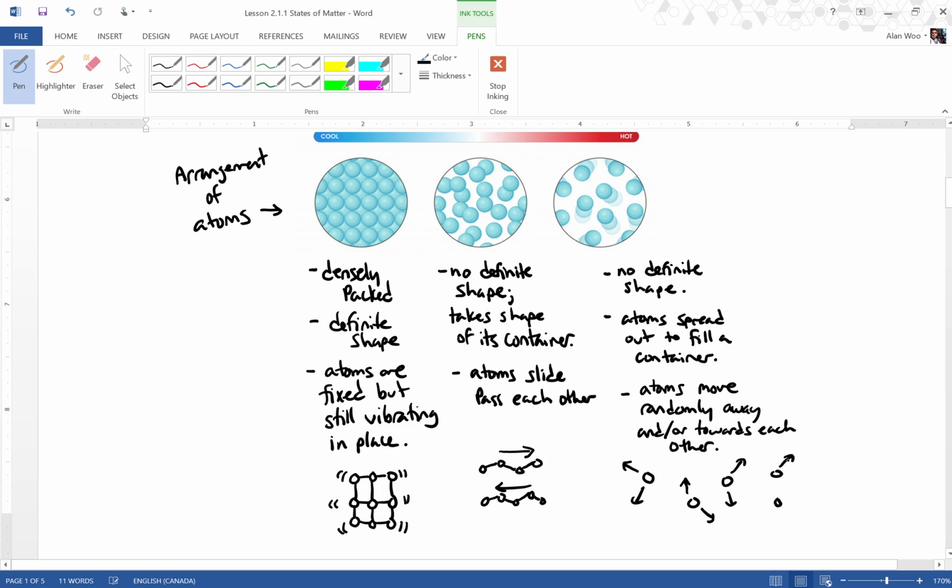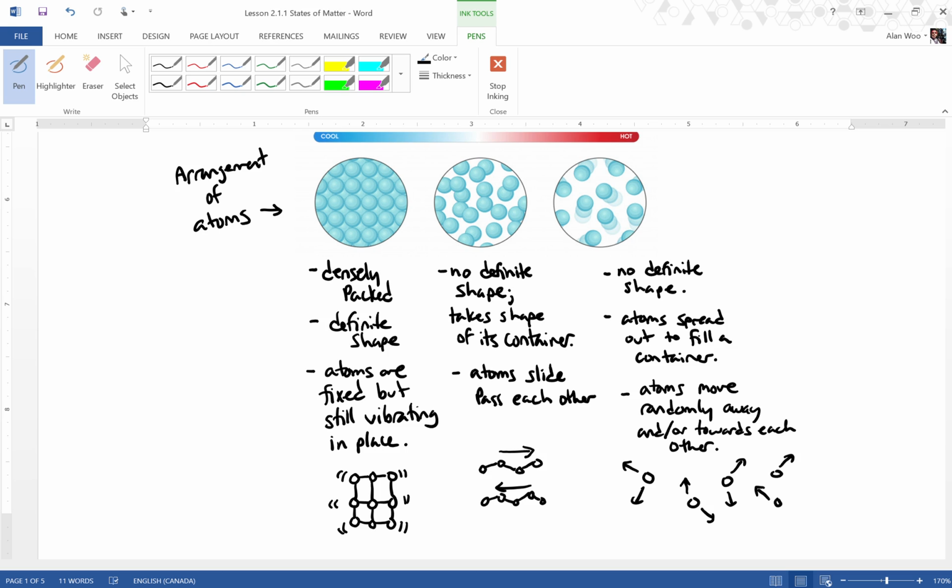It all depends on how much energy is present, or even the size of the container. But these are your basic 3 phases. Okay.